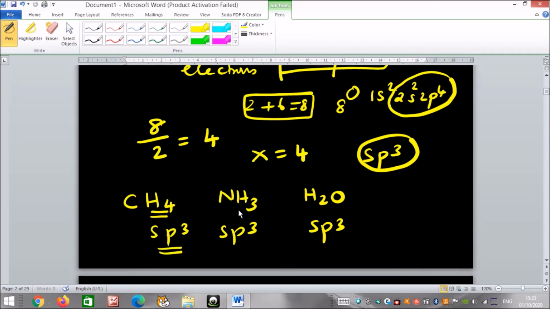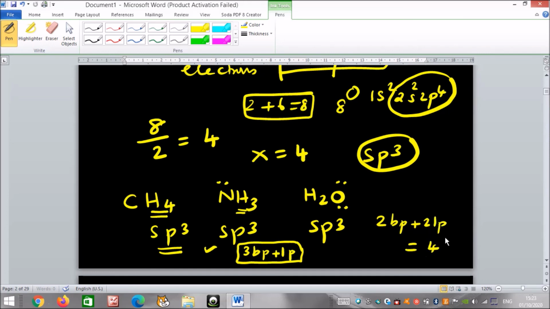Three bonds plus one lone pair, which means three bonded pairs plus one lone pair, put together four. So four orbitals are involved. In the case of water, there are two bonded pairs and two lone pairs. Total number of electron pairs is four. Two of them are bonded pairs and two of them are lone pairs. And it is also formed by sp3 hybridization.